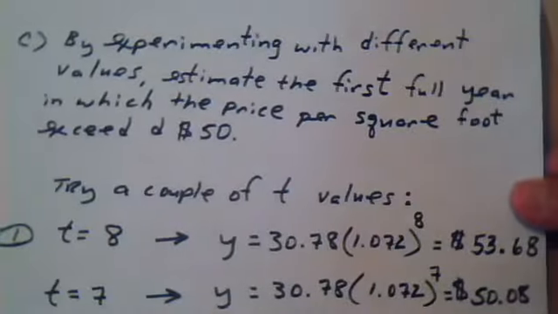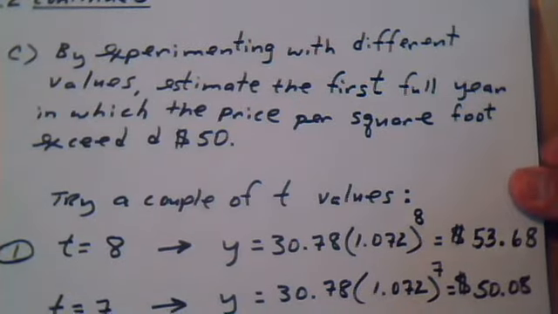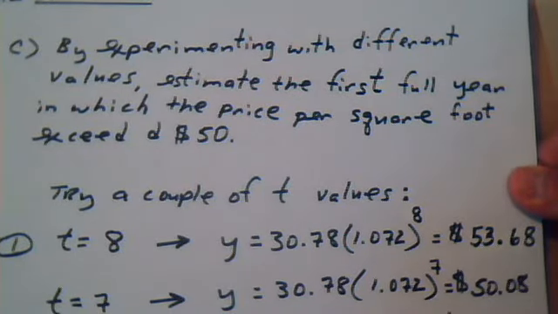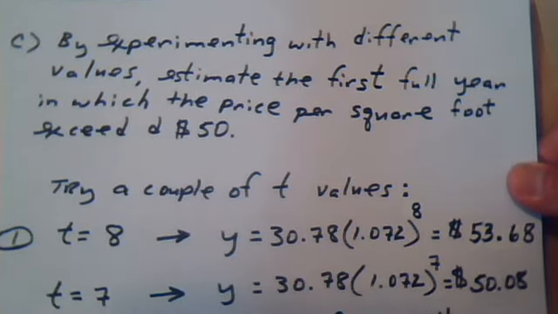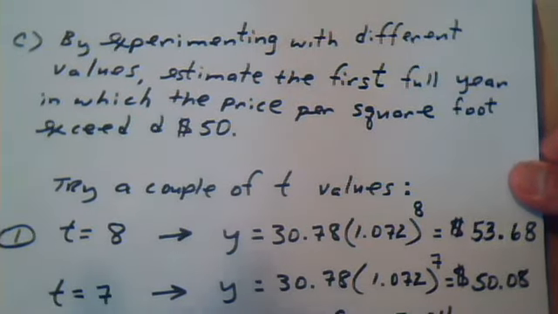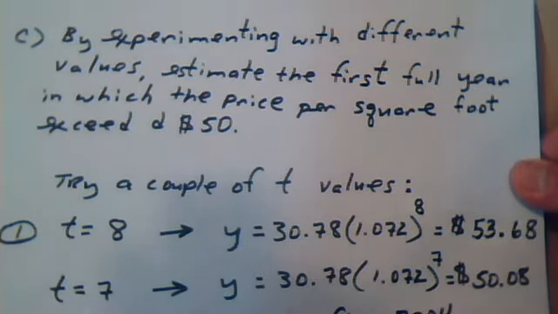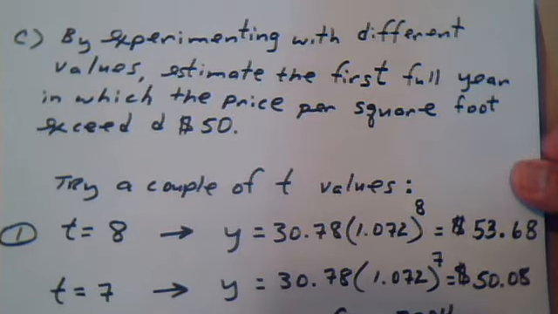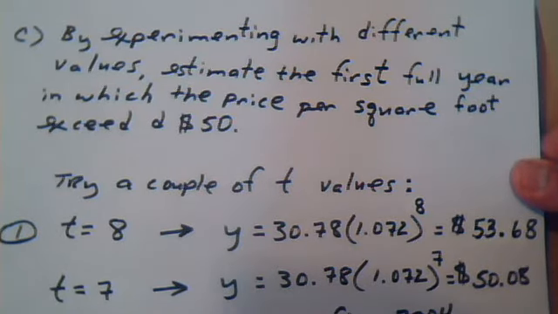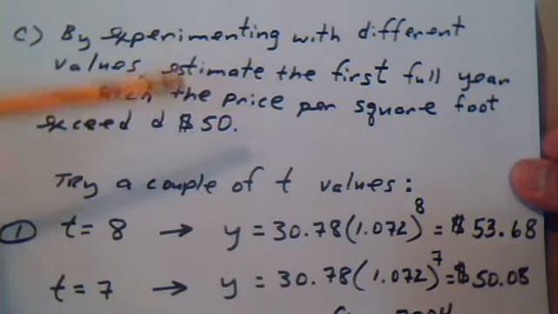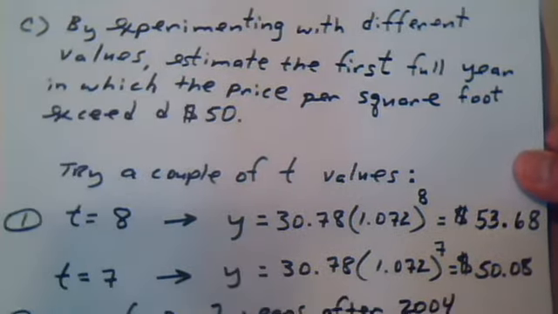For C, they're giving us by experimenting with different values. I mean, if you're going to experiment with different values, it's trial and error. That means you're going to try one value, try another one till you get what you're looking for. It says by experimenting with different values, estimate the first full year in which the price per square foot exceeded $50.